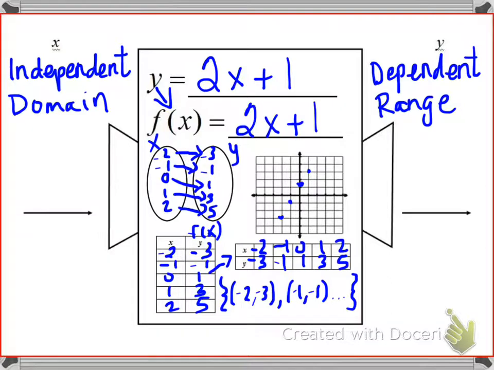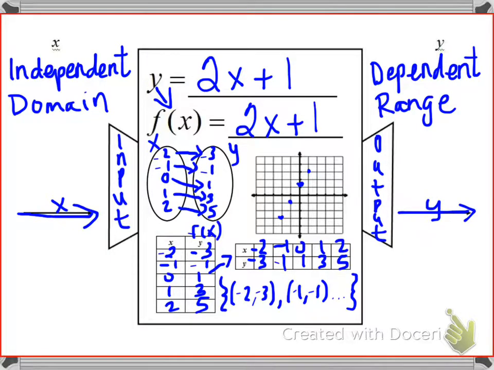Our x values are also often called the input, which means that's what we put into the equation. And then the counterpart to that would be the output, or what comes out of the equation. Okay? And that's what these arrows indicate. X goes in, Y comes out.